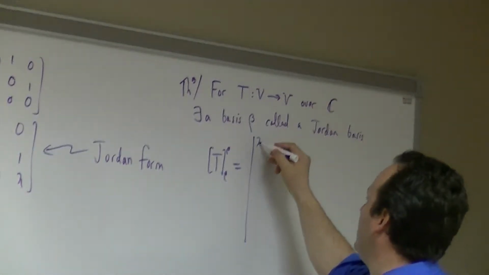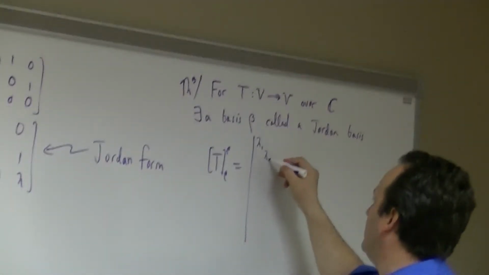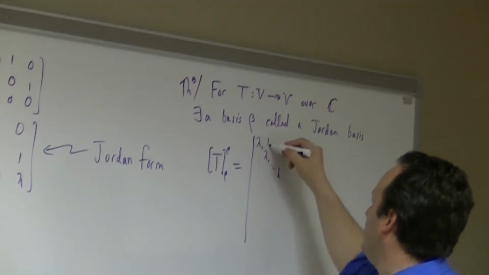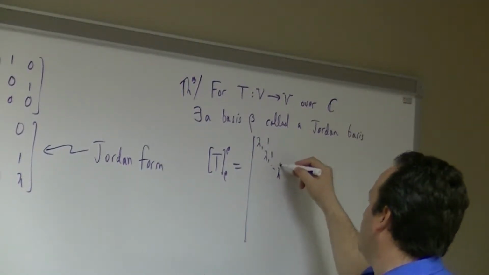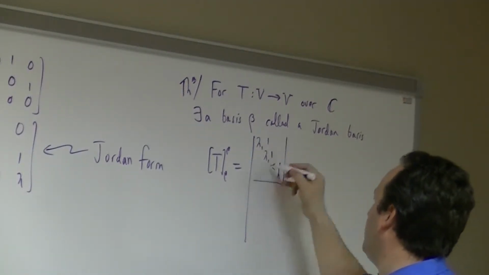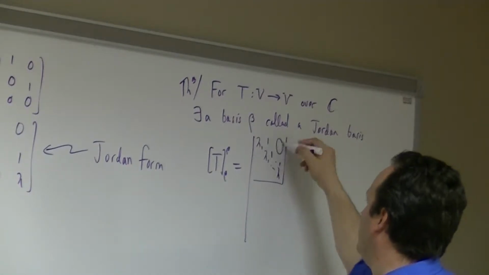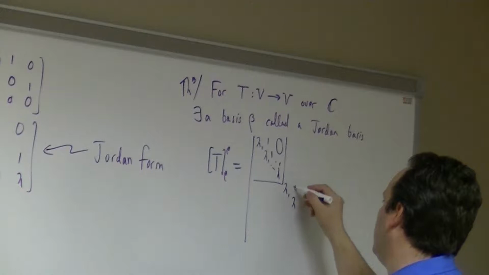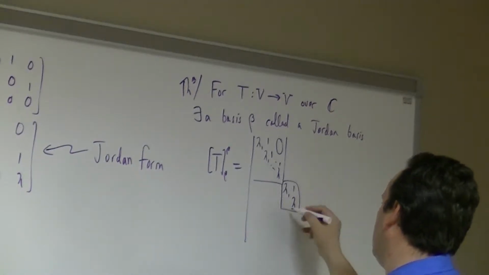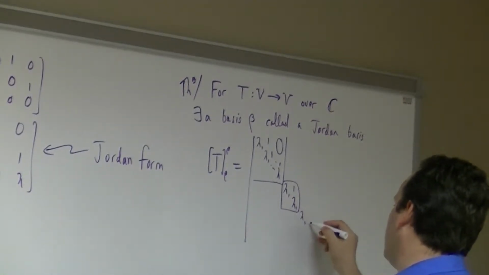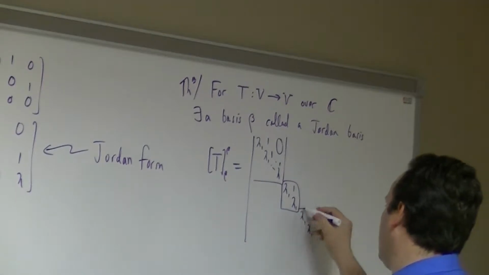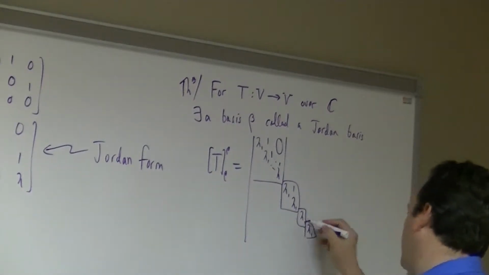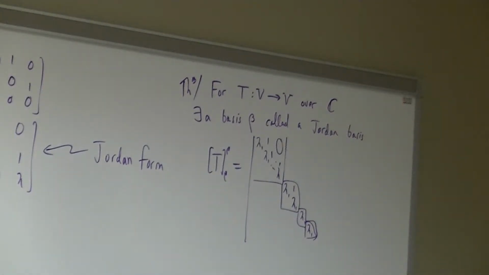So the first one might be lambda 1 on the diagonal with 1s above it, zeros up here. And then you might have lambda 1, 1, like that next. And you might have some lambda 1s like this, even. But that's it. You have Jordan blocks for lambda 1.